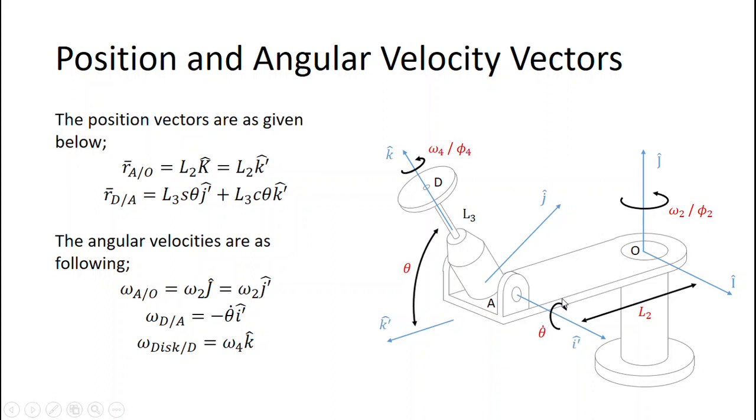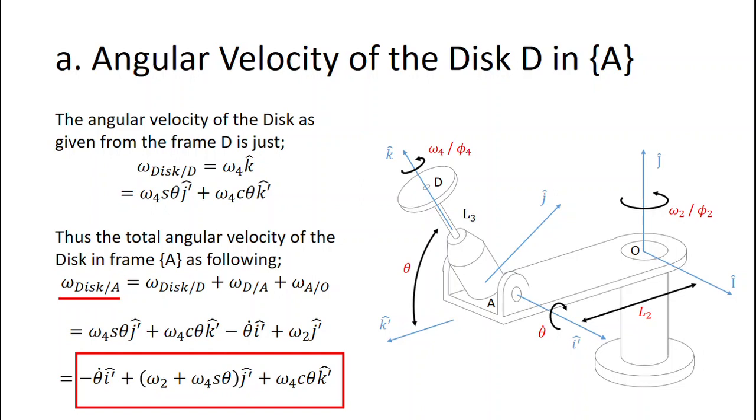Again, negative theta dot is because it is opposite to the direction pointed out by the right hand rule. That is why we have a negative sign here. And lastly, we have the angular velocity of the disk about its center, which is omega 4 k, little k. Okay. Now, let's start. The first thing we want to determine is the angular velocity of the disk as seen in frame A.